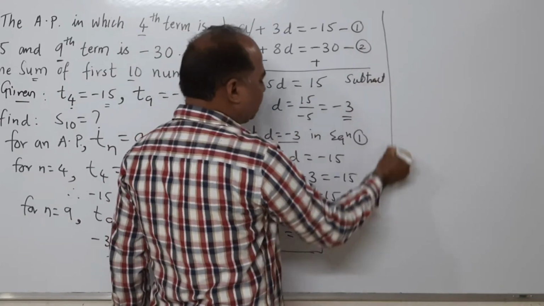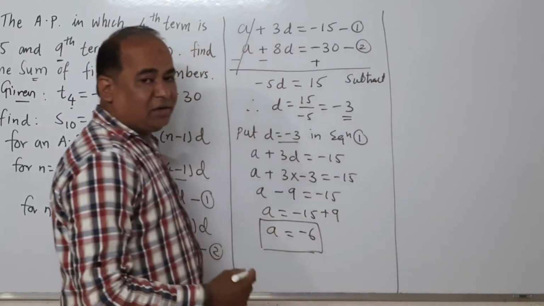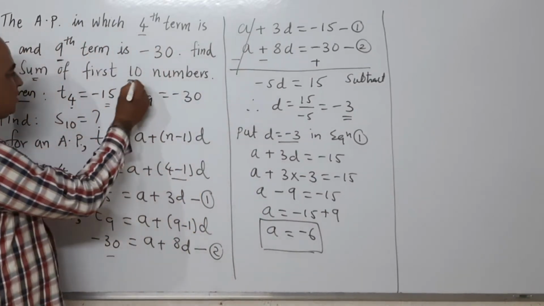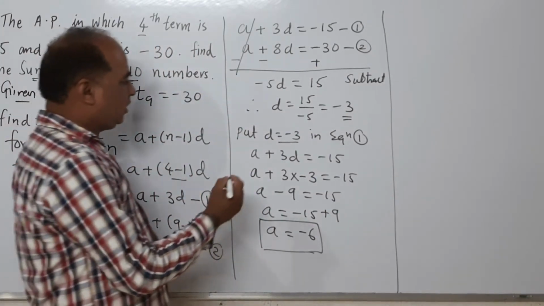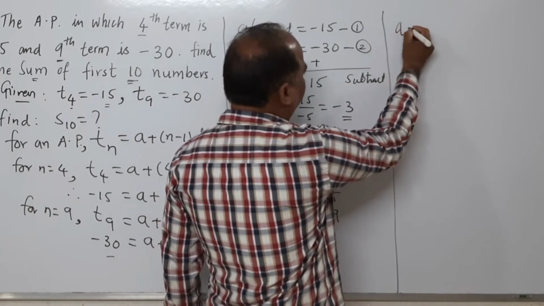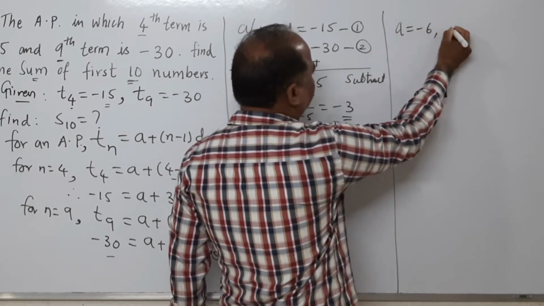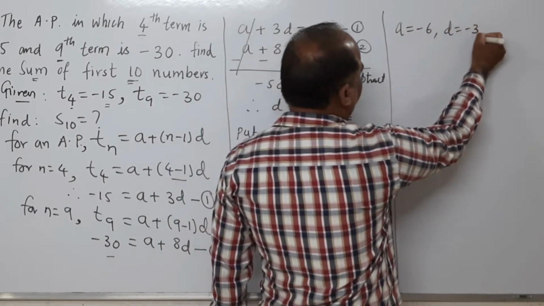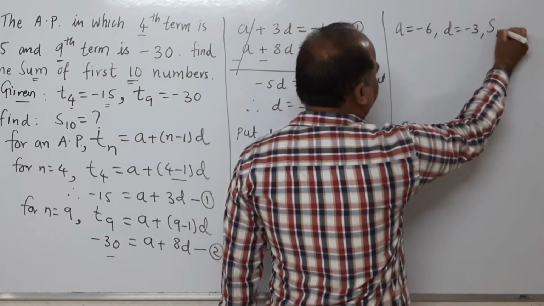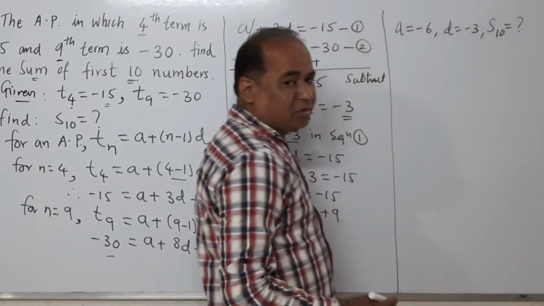Now here we have to find the sum of first 10 numbers. We got A is equal to minus 6, D is equal to minus 3. Here we have to find S10, the sum of first 10 numbers.